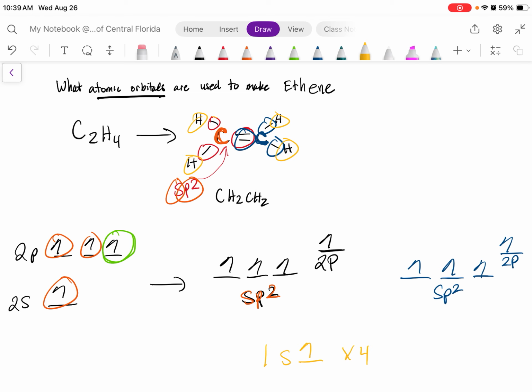Now, let's figure out the orbitals that are used to form this bond here, or this molecule. Let's draw our carbon and our carbon right there. Well, let's draw our orange carbon first. Now, pay attention to the bond angles here.